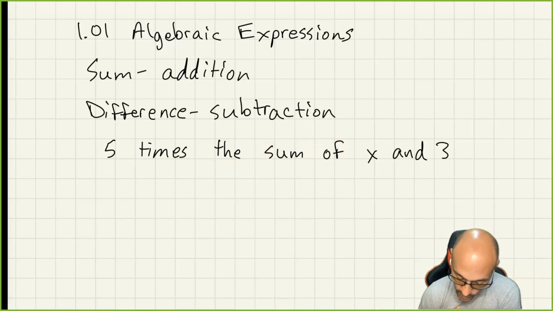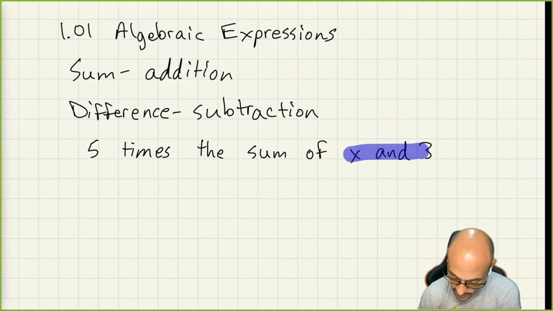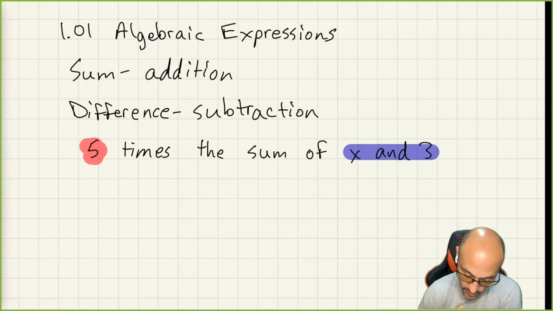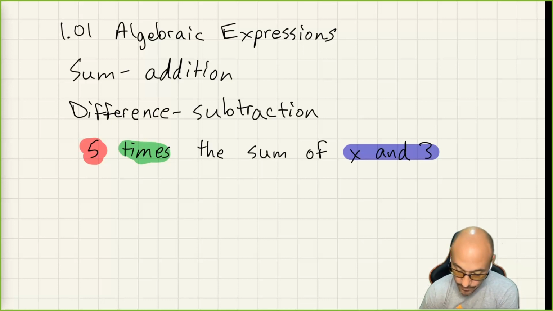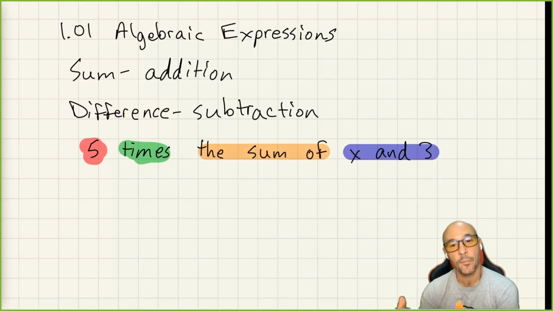So I'm going to put this in blue, and I'm going to have 5 and times, and the sum of is going to be in orange. Hopefully I can make sense of why I'm doing each of those.